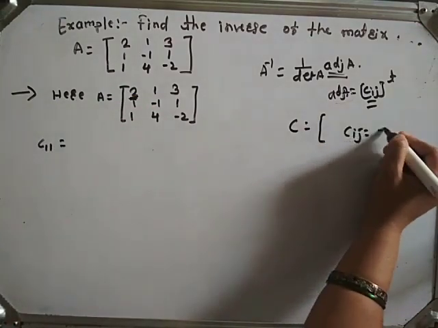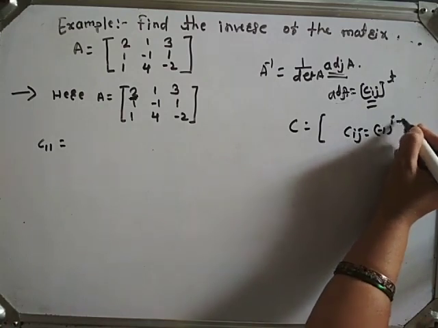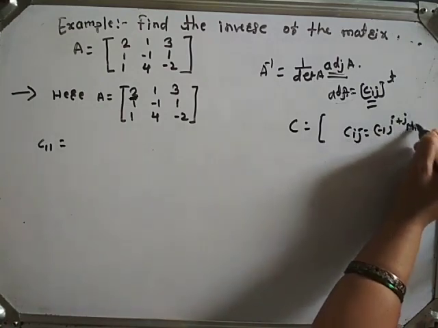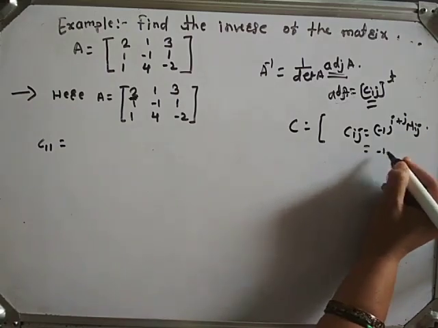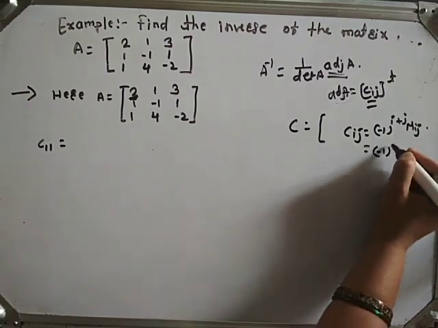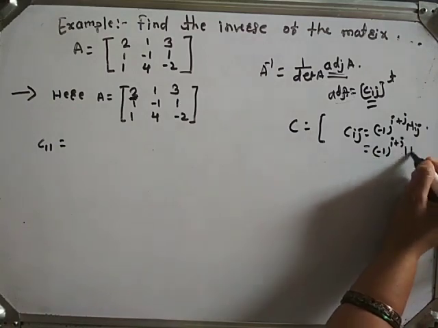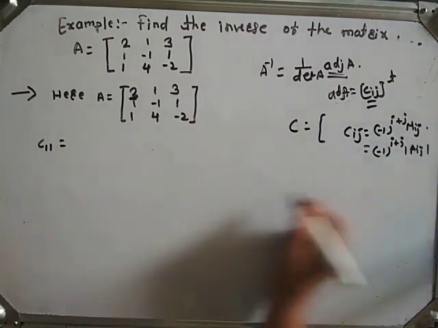Cij equals minus 1 raised to i plus j into Mij, the determinant of the minor.